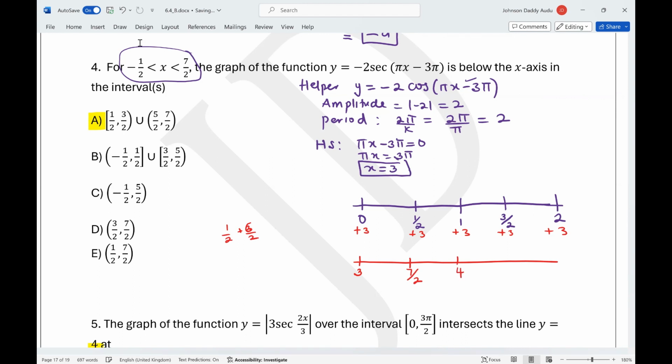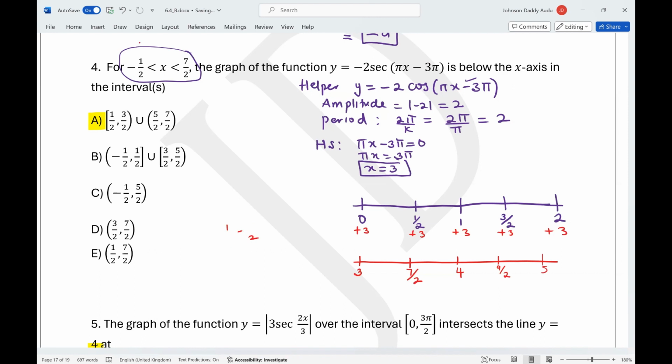Now, this is what? You can write this as 6 over 2. So you have 9 over 2. And then this will give us what? 5. But if you look now, this is actually what it's supposed to be.